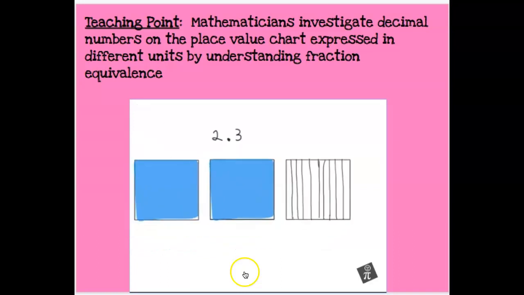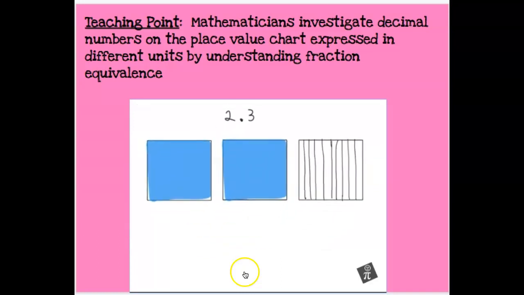So I'm going to zoom back out so we can see it. There's my tenths, and I know that I need to shade in 3 of those, so that's going to be 1, 2, and 3. So there is my 2.3, right?